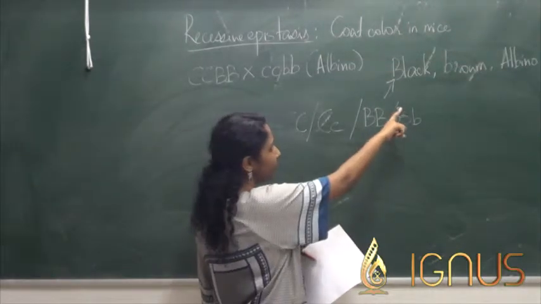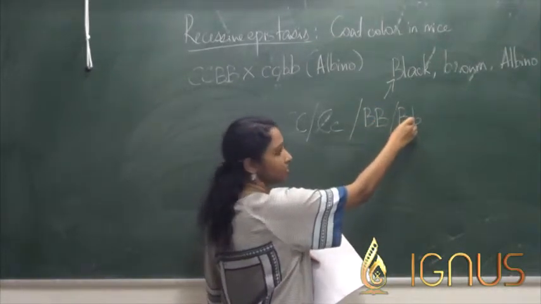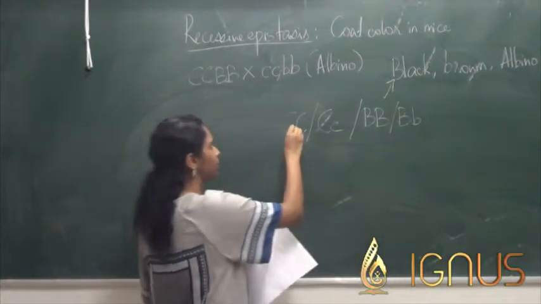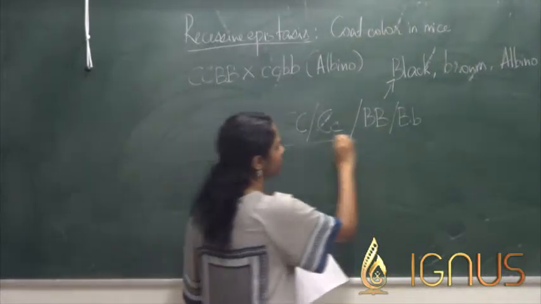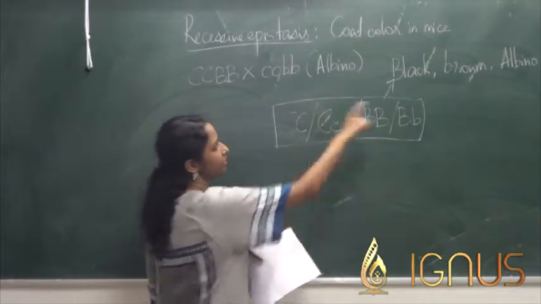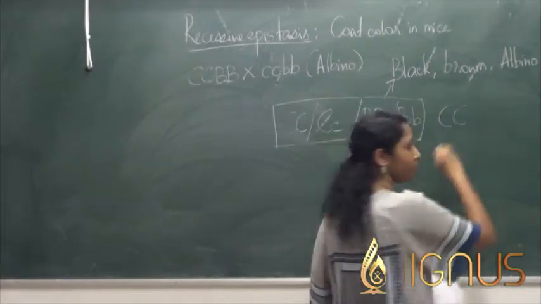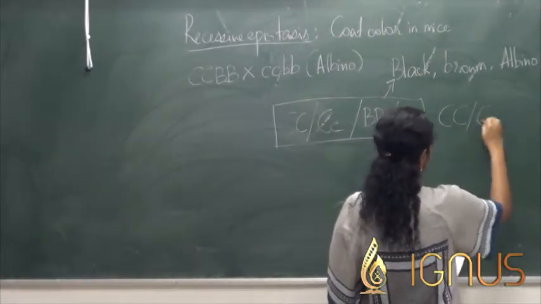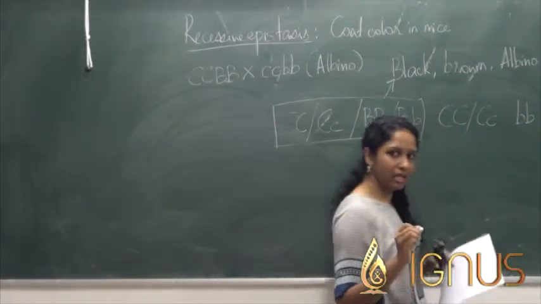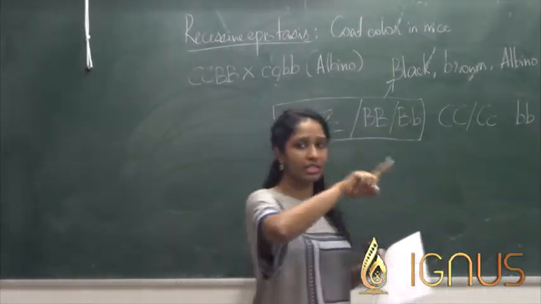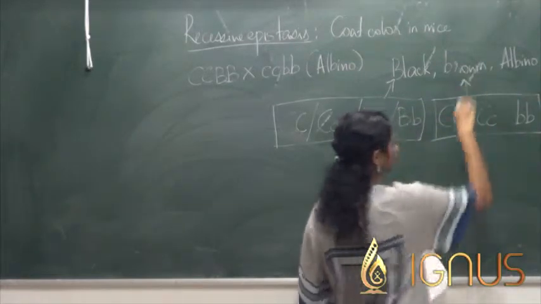These two will give rise to black: homozygous dominant or heterozygous dominant for B, in combination with homozygous dominant or heterozygous dominant for C. Now if you have the same homozygous dominant or heterozygous dominant C with homozygous recessive B, this combination is going to give you brown color.